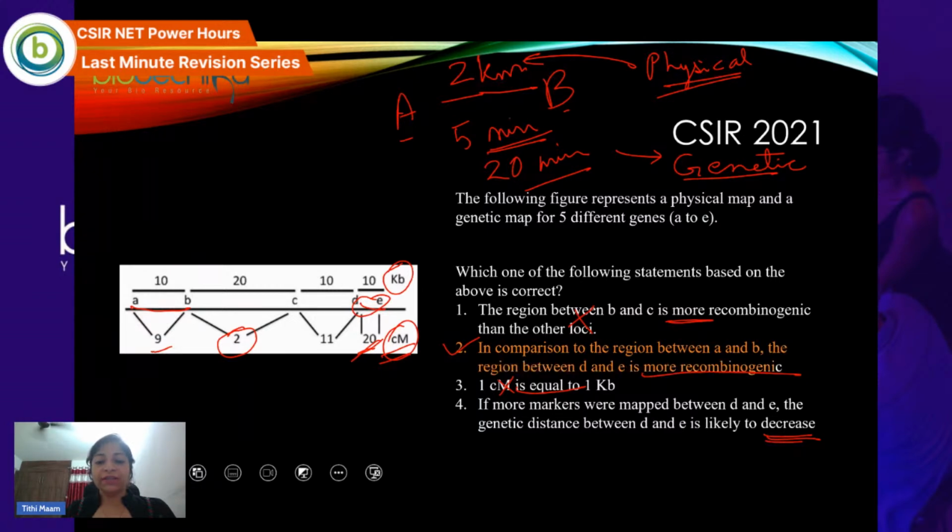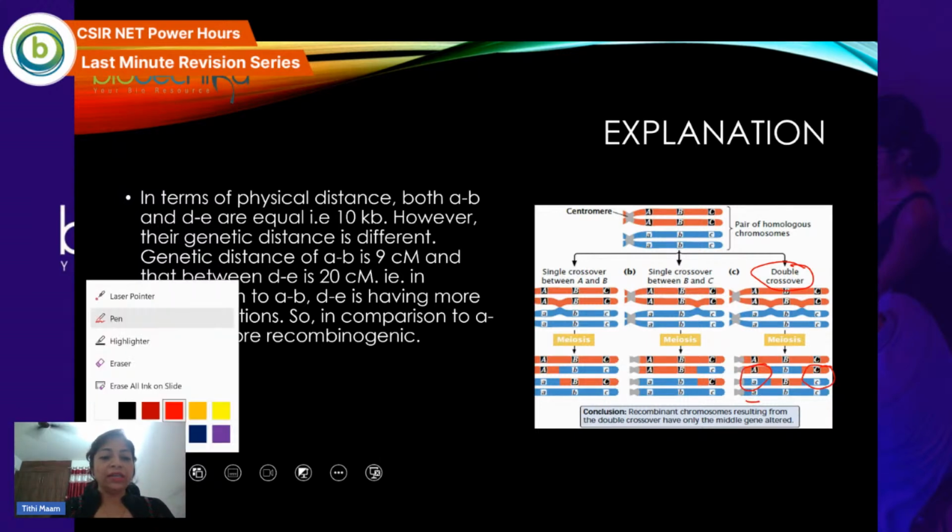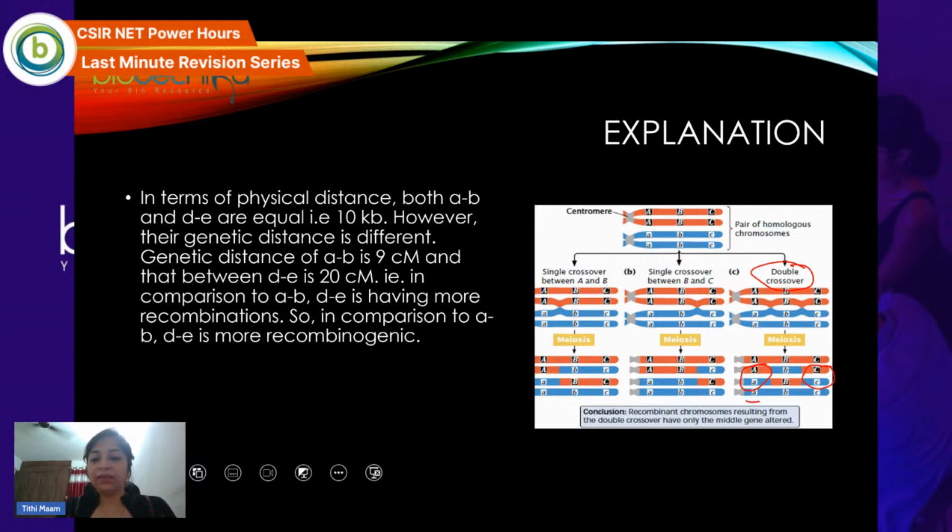Why wrong? Yesterday's class, you must have studied the 3-point test cross, right? Why did we go for 3-point test cross? Because in case of 2-point test cross, we check only the terminal genes. If the distance between the genes is more, then there might be crossing over, and double crossovers also, occurring between them. In double crossovers, the terminal genes remain the same as the parental. But the change will be in the gene present in the middle.